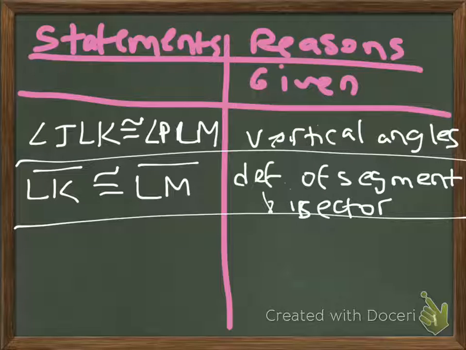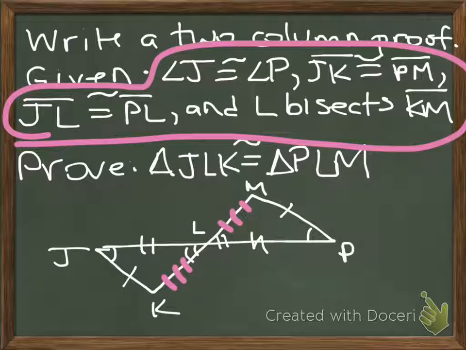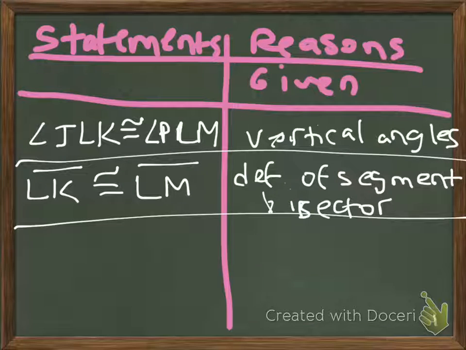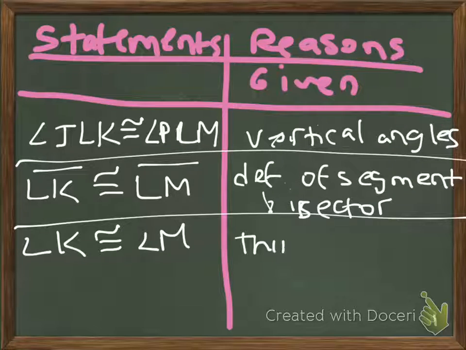And then our third statement, we have angle K and angle M. That is going to be the third angle because we have 2 of the 3 angles. So the third angle, remember with the third angles theorem, is going to be congruent because 2 of the 3 angles are already congruent. So angle K is congruent to angle M because of the third angles theorem.